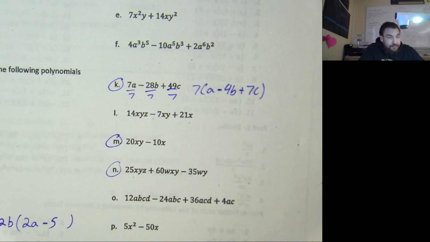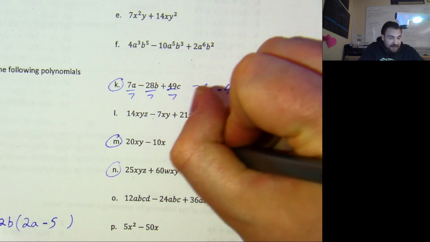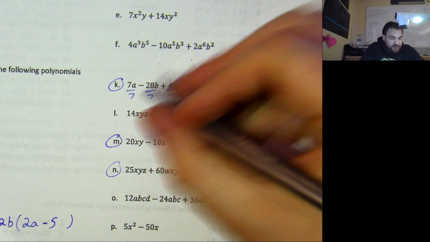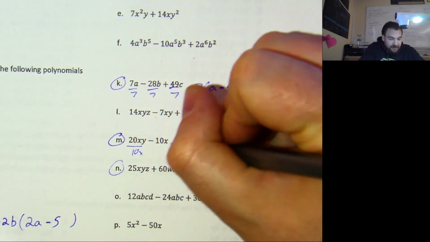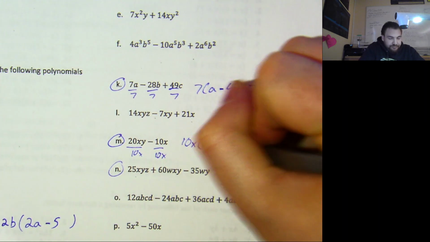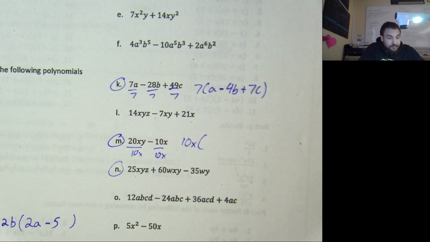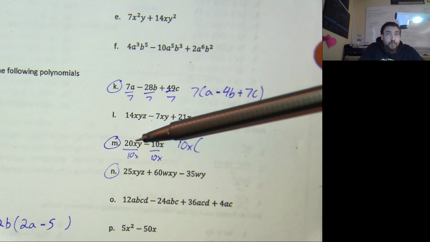For m? No. Why are we pulling out a negative 10x? The leading term is positive, so you wouldn't pull out a negative. Your GCF here is just going to be 10x. So then I divide, because the first term is positive, and you want it to stay positive.